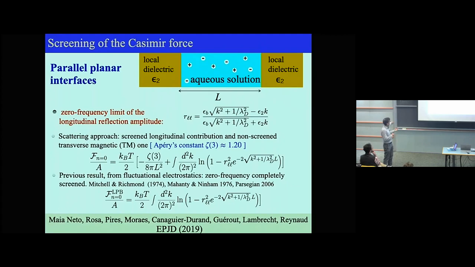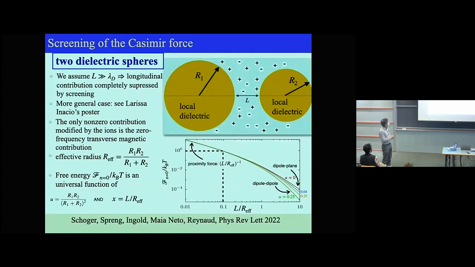So before talking about the experiment, we have to change the geometry, because no experiment will be made with these parallel planar interfaces, so we need to discuss spherical particles. And here, for simplicity, I'm going to assume that the distance between the spheres is much larger than the screening length.